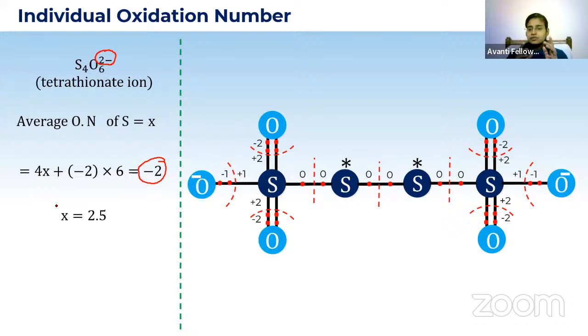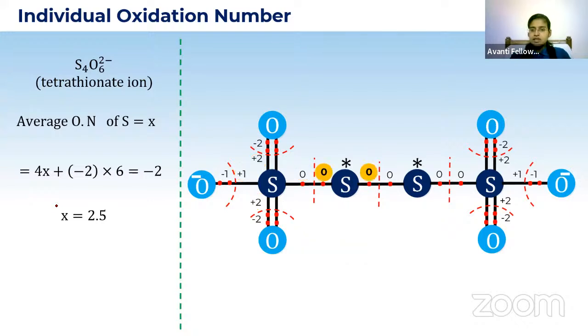Now coming to the oxidation number of the first sulfur. The sulfur has +2, +1, +2 and 0 around it. What is the total charge acquired by sulfur number 1? +2, +2 and +1, so it is +5. The oxidation number of the first sulfur is +5.